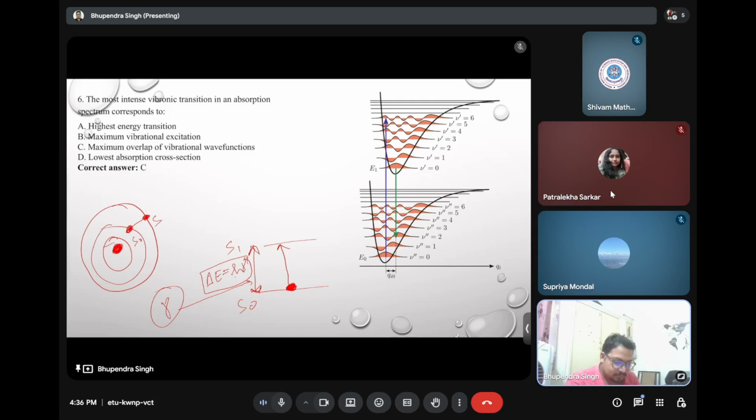This is your S1. This representation represents only this. These two are equal. So the molecule is not going to the excited state; the electron is going to the excited state. This is the electronic transition.